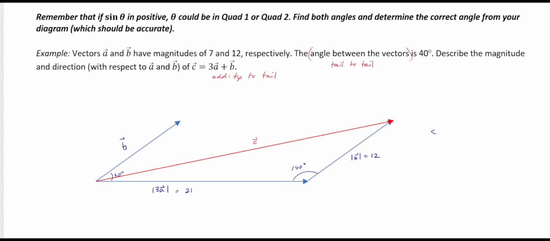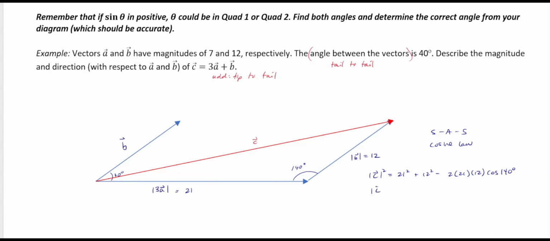So if I have side-angle-side, then I can use cosine law. And so cosine law will say that the magnitude of C squared is equal to 21 squared plus 12 squared minus 2(21)(12)cos 140 degrees.